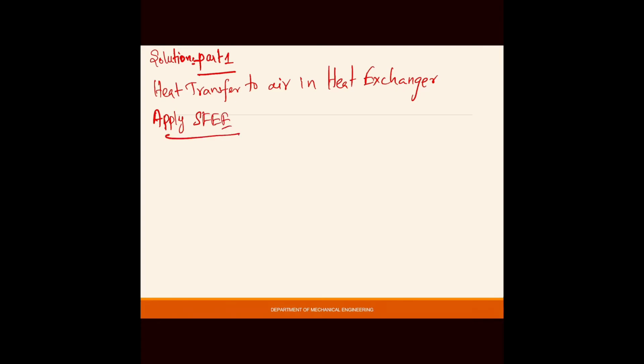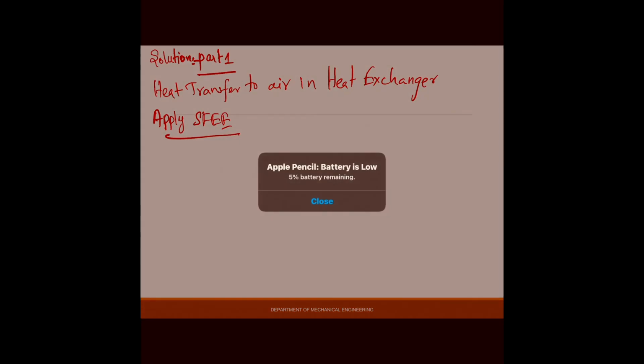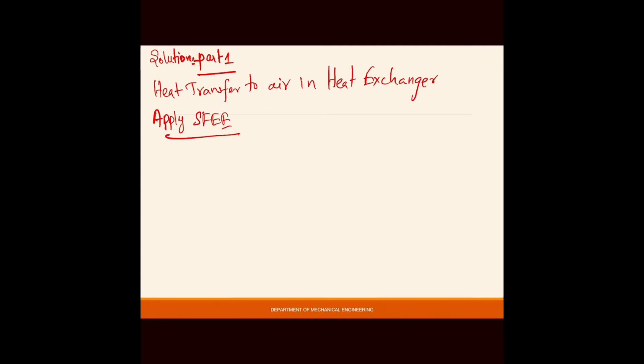The steady flow energy equation for the heat exchanger is H0 plus Q01 is equal to H1.